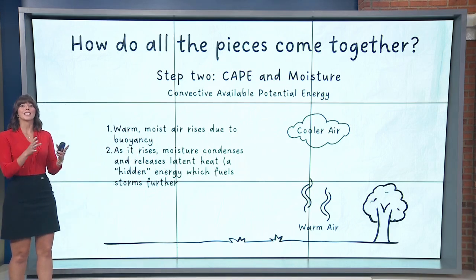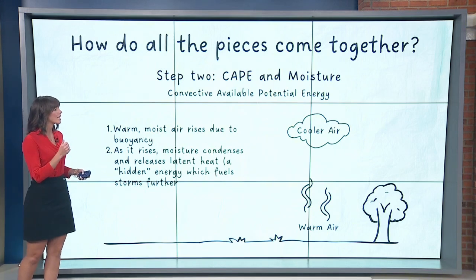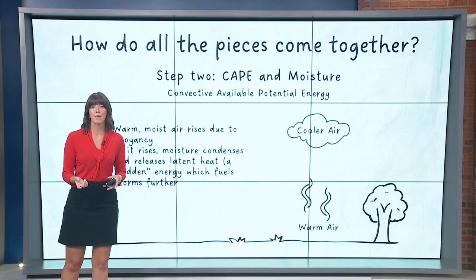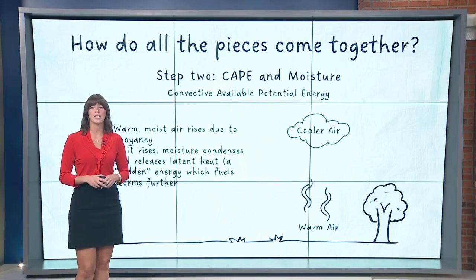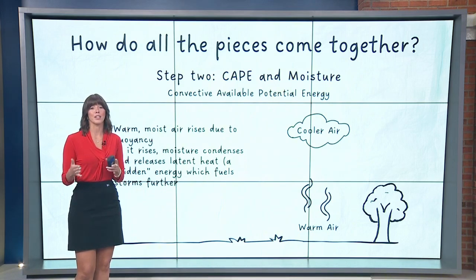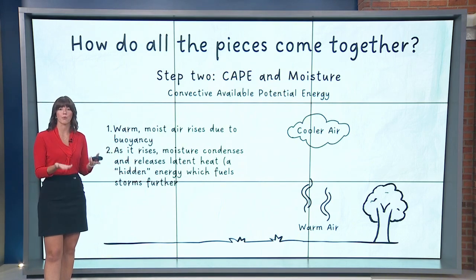Now, moving to the next step, you need CAPE and moisture. So this is what we're talking about with the unstable air, or maybe a lot of energy. We measure that by CAPE, which is convective available potential energy. And then moisture, you need a lot of humidity and you need that air to be pretty warm. Because what happens, we know warm air rises.